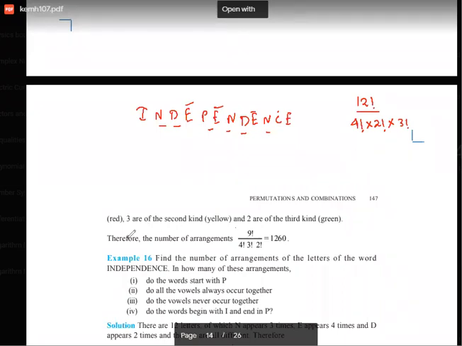Now we have some special cases. First, do the words start with P? Start with P. So again, make 12 boxes.